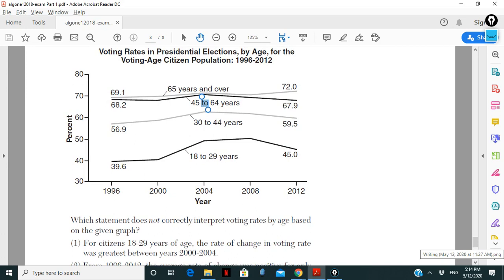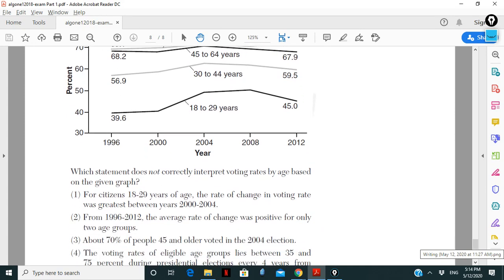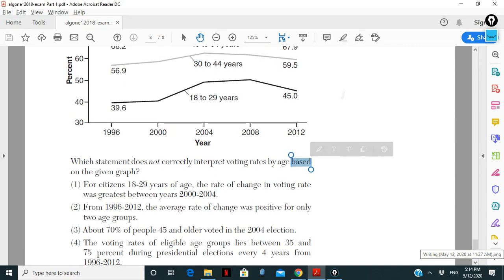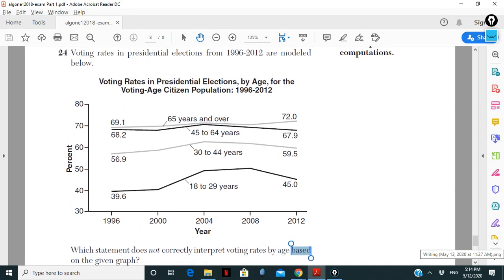But if you're looking here, we have to see the percentage.